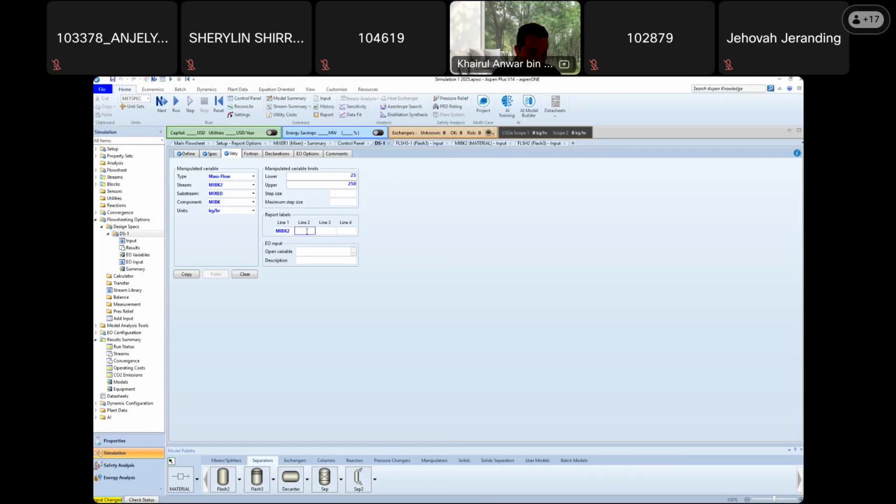The line 2 is flow. Since the MIBK2 input is now around 50 kg per hour, we try starting from 25 kg per hour, increasing to a maximum of 250 kg per hour.